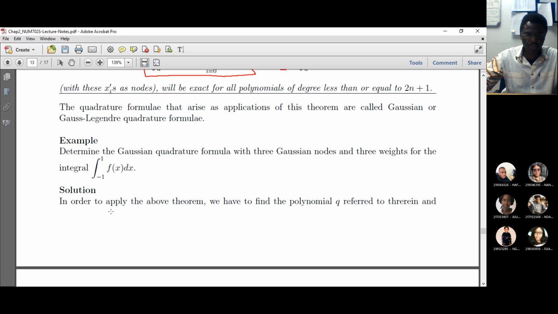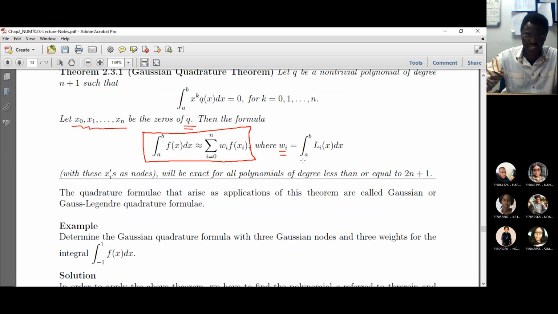All right, so how many points do we have here? We have 3 Gaussian nodes, right? 3 Gaussian points or 3 Gaussian nodes. And we know that the degree of Q is exactly the number of roots, or the number of nodes.